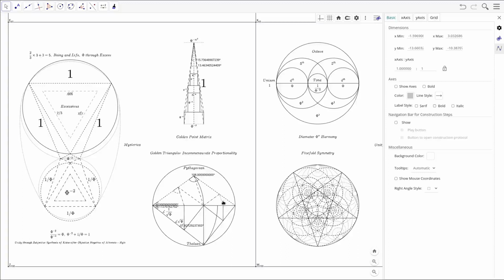Which also by area, if this whole thing is 5, then this is 1, and this is 1/5. So it goes on and breaks down like that.